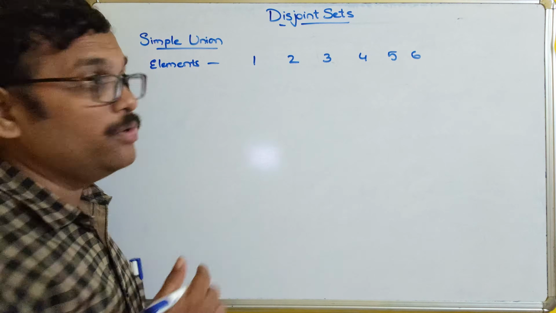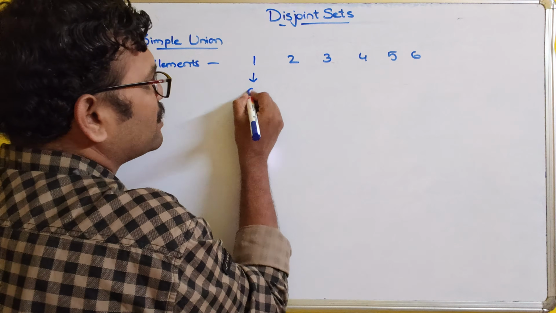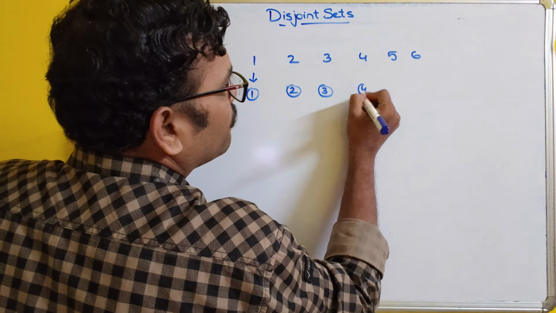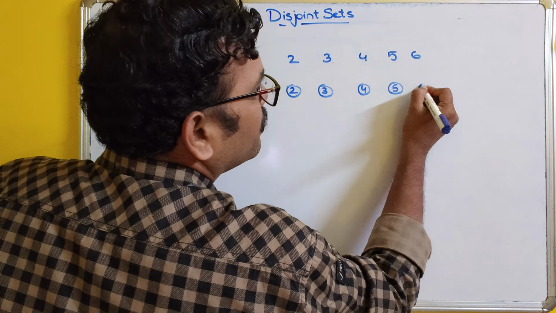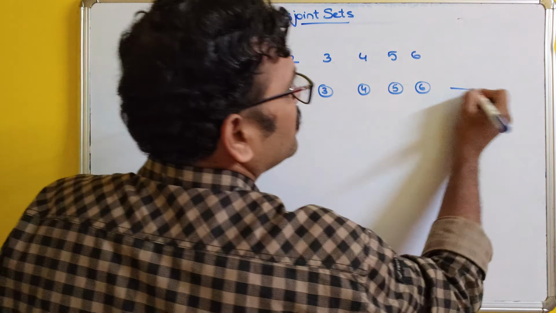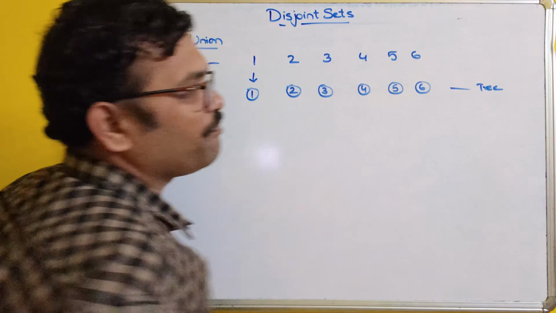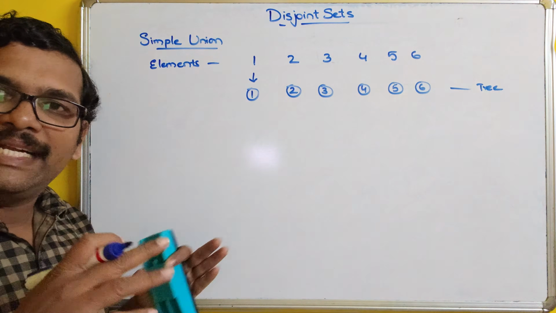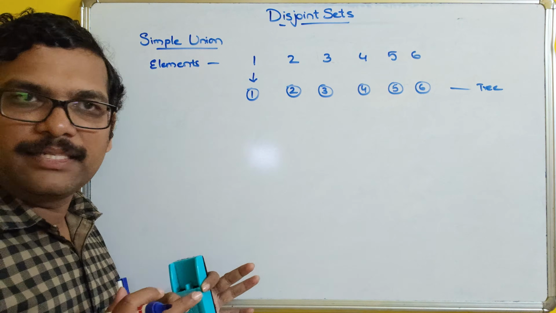So now what we have to do? We have to consider the tree structure: 1, 2, 3, 4, 5, 6. So this is a tree. Now we have to find out the table of all the parents.